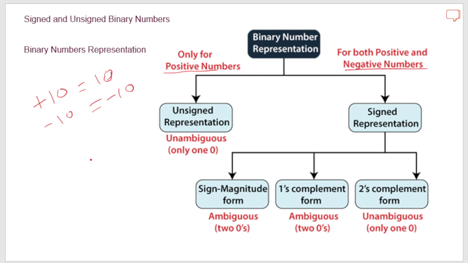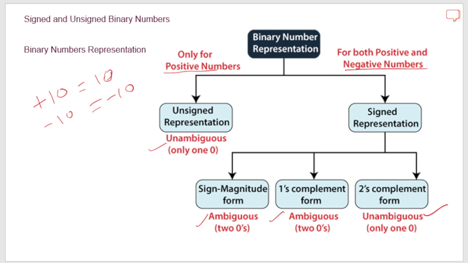So for a negative number, a special extra bit will be used. For unsigned representation, there is only one 0. In signed representation, the signed magnitude form is ambiguous with two zeros, and 1's complement has two zeros, while 2's complement is unambiguous with only one 0. So we will see how it will be done.